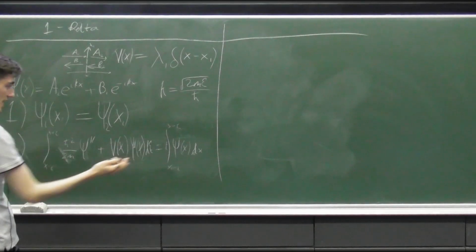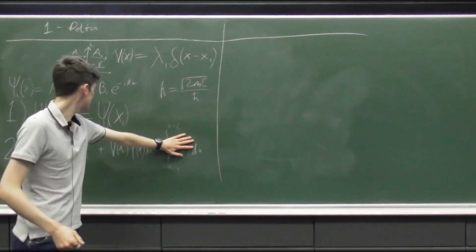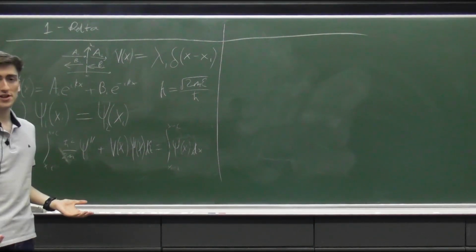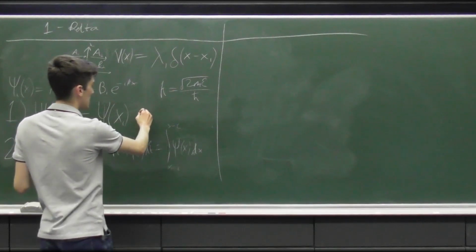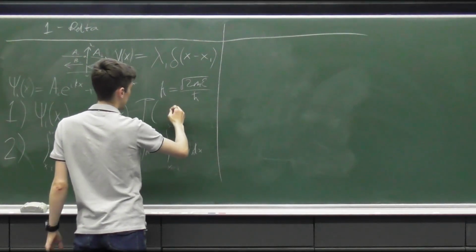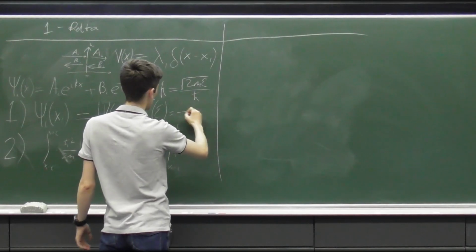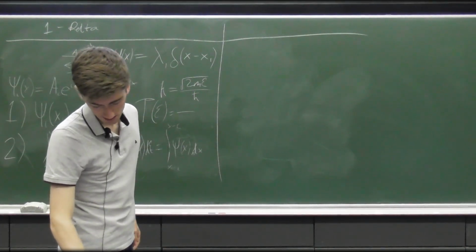Then we let epsilon approach 0, follow that through, and this term disappears. You just build an algebraic system of equations, solve that system, and then you find your transmission based on the ratio of what enters and what exits.